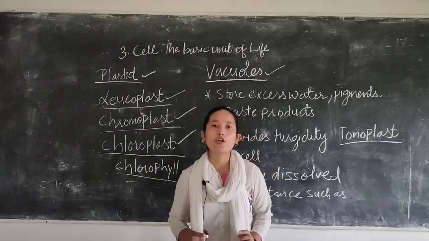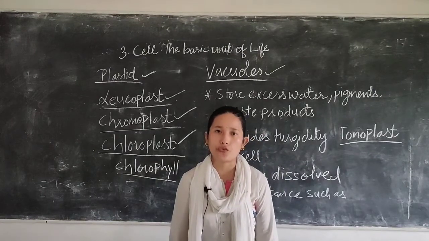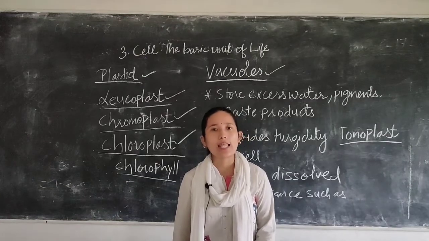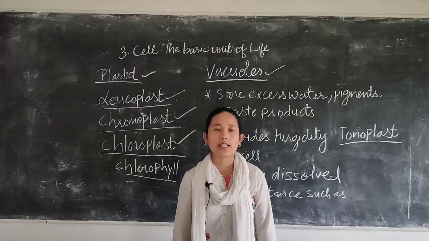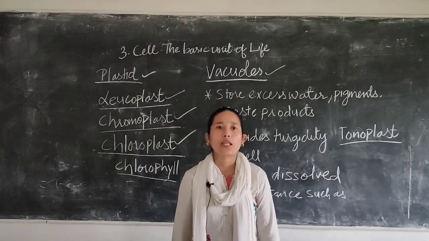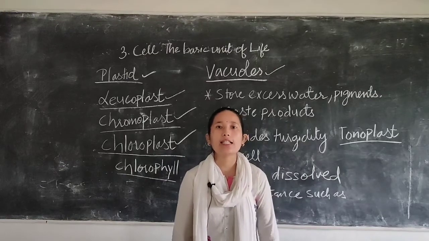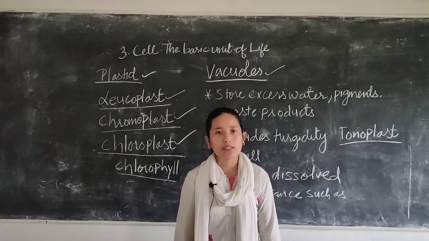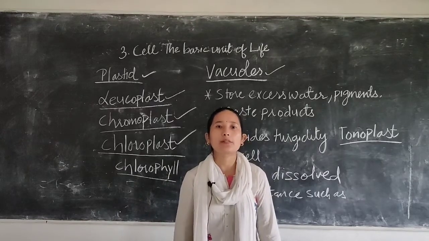Now since you have gone through the different types of cell organelles, I hope you will be able to differentiate between plant cell and animal cell. Plant cells have a cell wall; in animal cells, the cell wall is absent. Plant cells have plastids; animal cells do not.